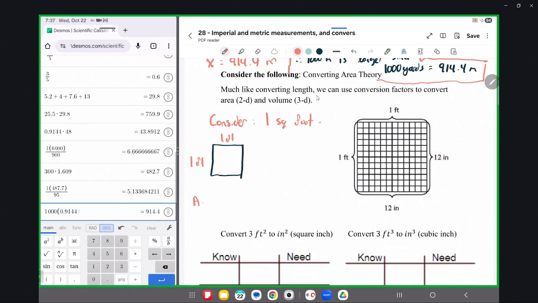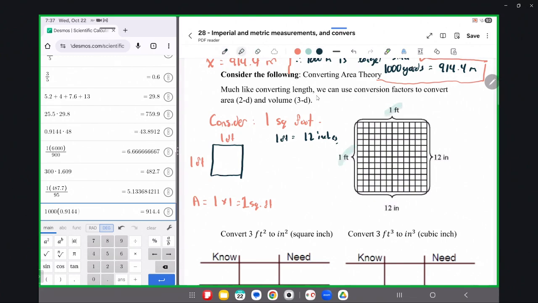So then the area will be equal to 1 times 1, which is 1 square foot. Now here's where the trick happens and where it gets a little bit unusual. We know that 1 foot is equal to 12 inches, right? And that's what this diagram on the right here is trying to show.